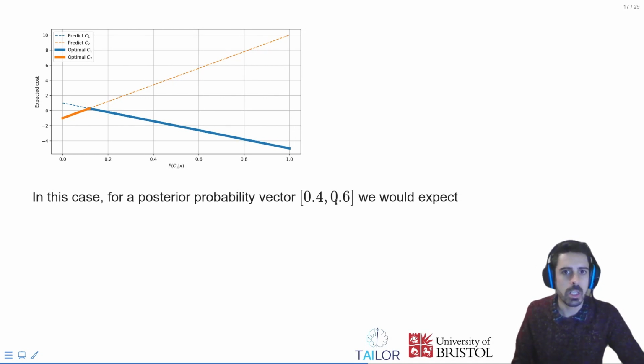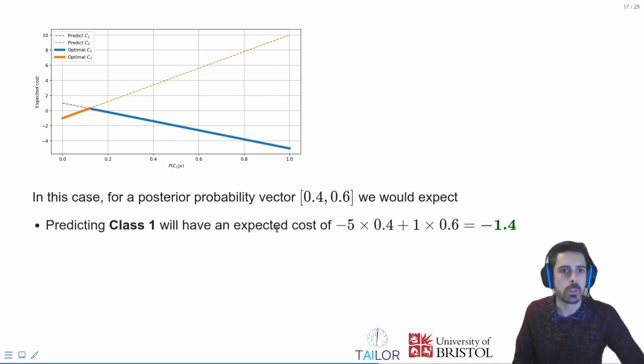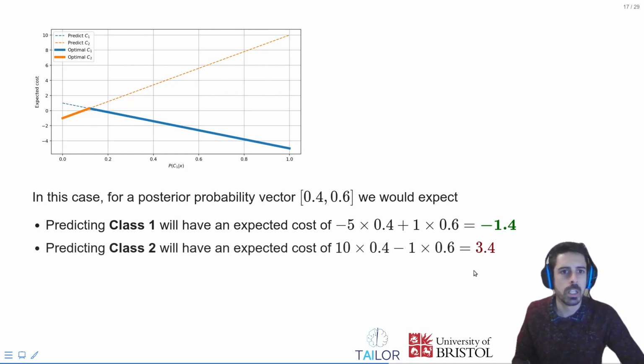Then in this case, if we get a new sample and we predict that the posterior probabilities are 0.4, 0.6 for class 1 and class 2, then we can calculate the expected cost. If we predict class 1, it will be minus 1.4 cost, which is a gain of 1.4. And if we predict class 2, this will be 3.4.